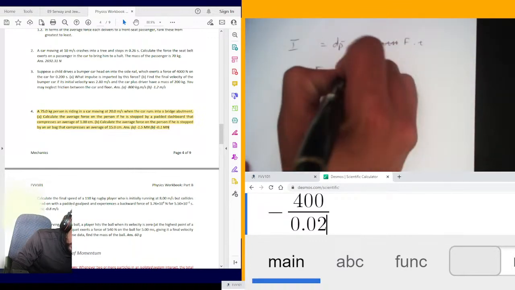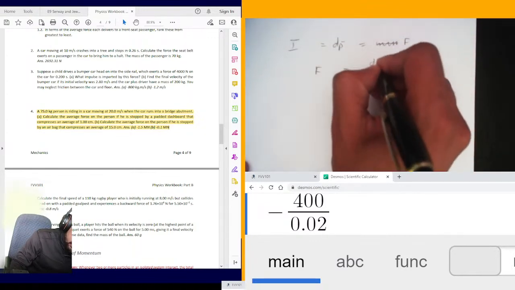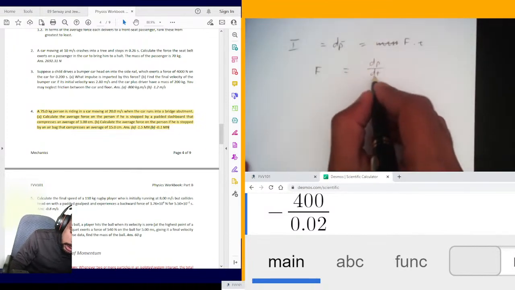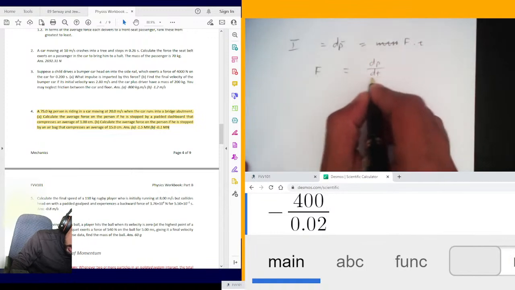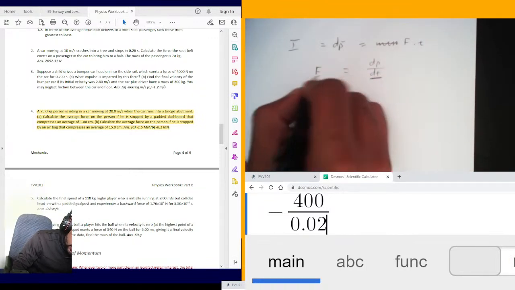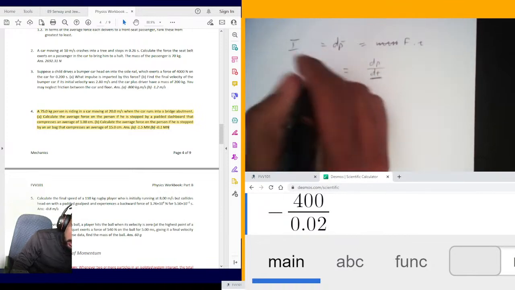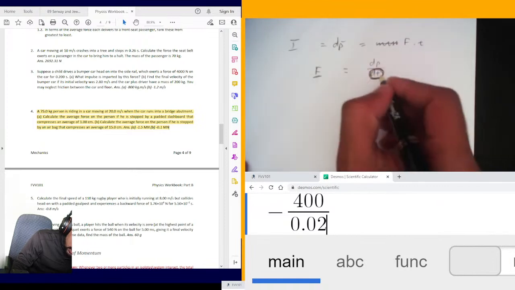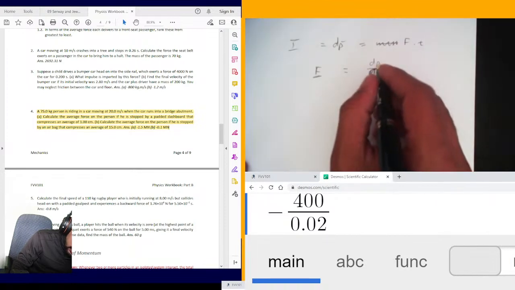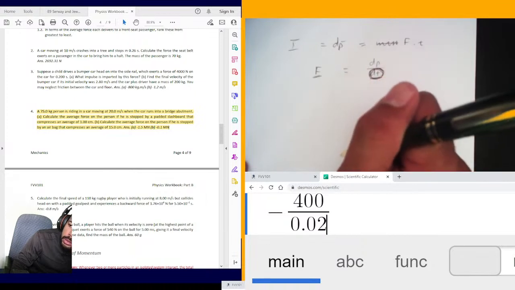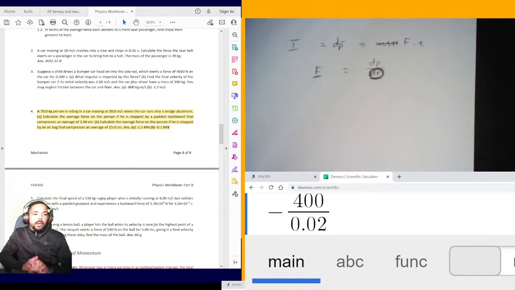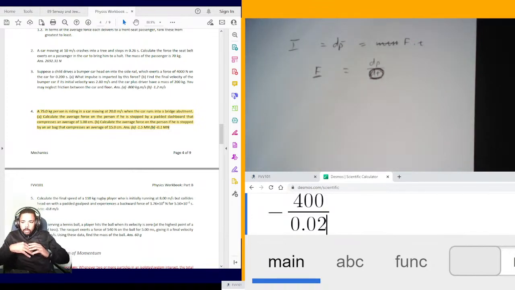Now force is then equal to the change in momentum over the change in time, correct? Then you explain it this way: the smaller this time, the larger the force acting on you will be in a car crash. So if you can somehow increase this time, then the force acting on you during a crash will be much smaller. That is why most modern cars have a bumper or front part that crumples during the accident, or the collision.